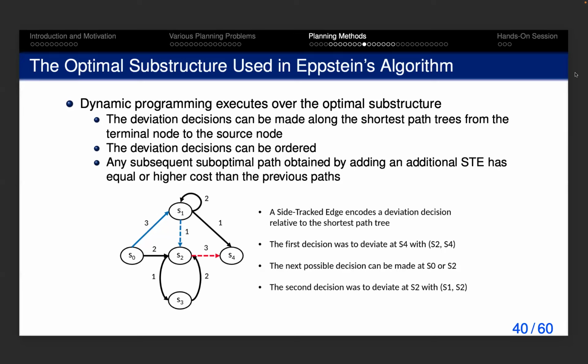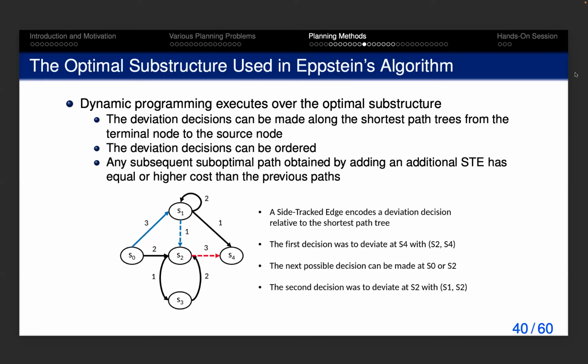Repeating the second example: these sidetrack edges encode deviation decisions relative to the shortest path tree. The first deviation decision was made here at the terminal node, and we saw that it gave us a cost 5 path.